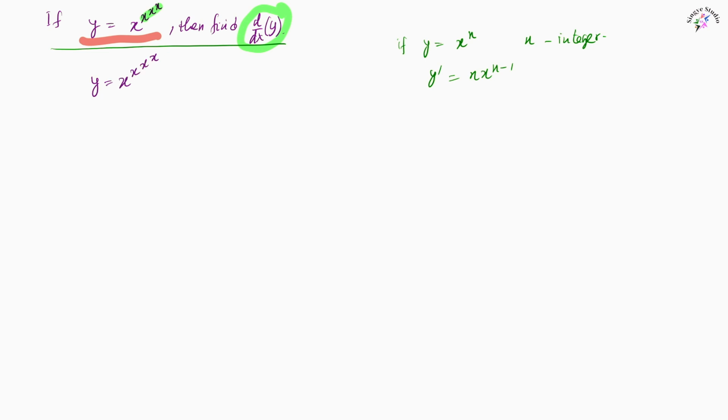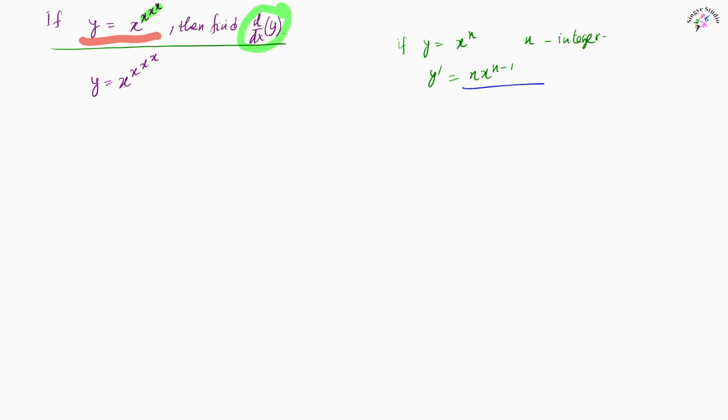We observe that we have the variable x, but this variable x is raised to a power which is itself of the same variable, right? So we simply cannot use the power rule of differentiation, so we have to take another approach.